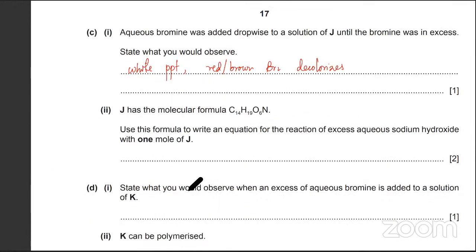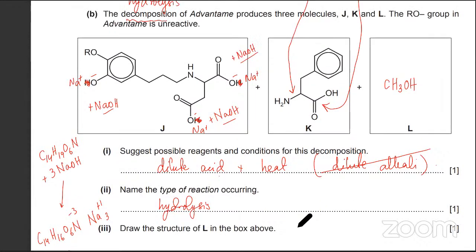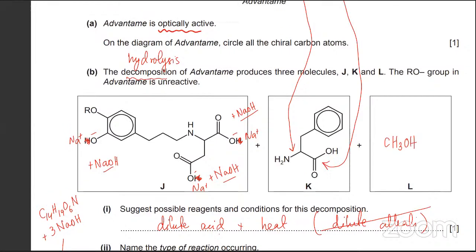What's next? State what you observe when an excess of aqueous bromine is added to a solution of K. What's K? Now he's adding bromine to K. So what should you observe? First thing, is this a normal benzene, or a benzene with a carbon chain, or a phenol, or an amine?